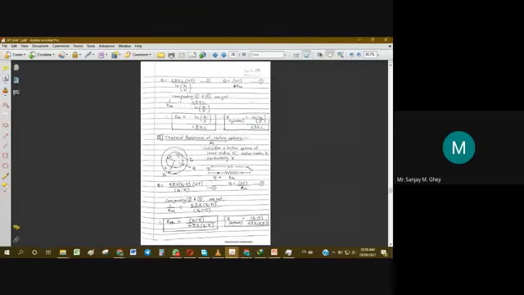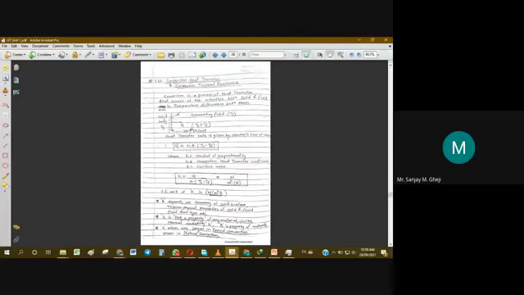In the same way, for a hollow sphere, thermal resistance is Ro minus Ri divided by 4 pi K Ro into Ri. Then we went on to discuss the convective thermal resistance. We saw the equation of convection, applied the concept of thermal resistance to convection also, and thereby obtained the thermal resistance for convection. This is quite simple: thermal resistance of convection is simply 1 upon HA, 1 upon H into area.